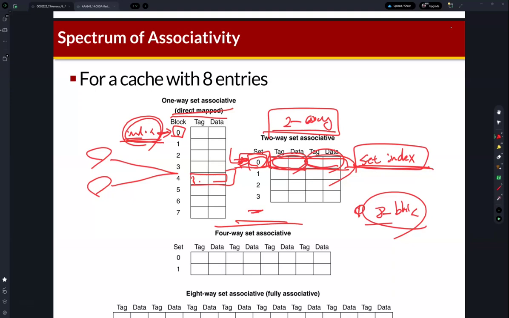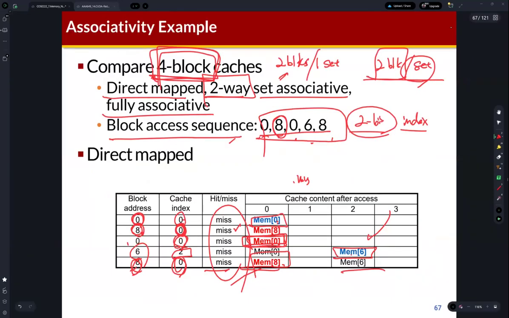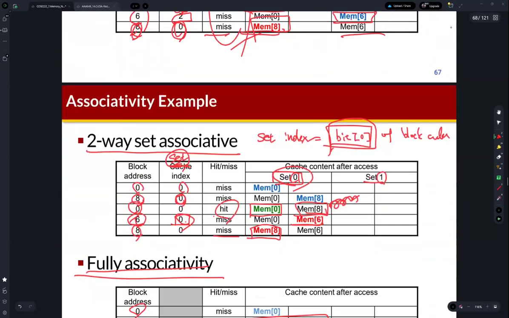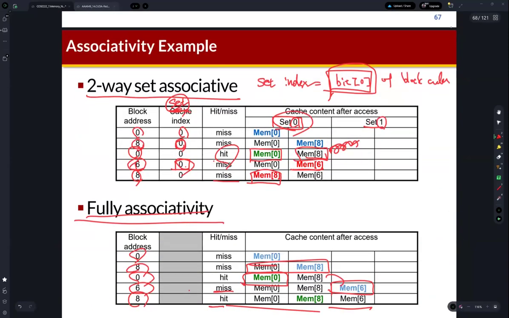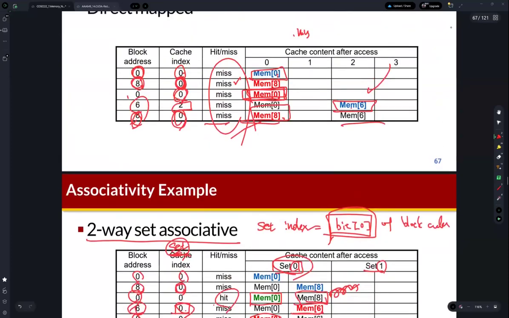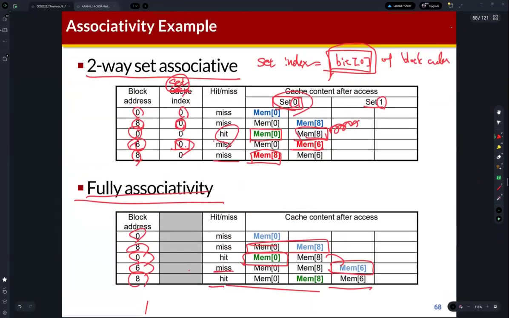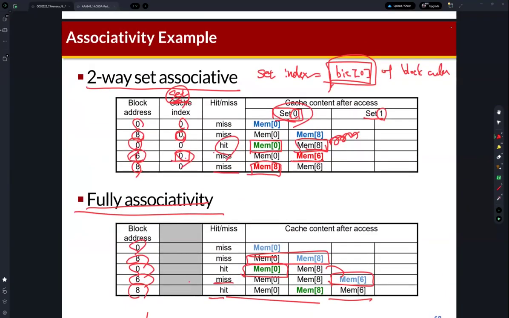Like this example, with the direct mapped, two-way set associative, and fully associative caches, we can observe that using the set associative cache or fully associative cache, we may increase the hit rate of the cache.